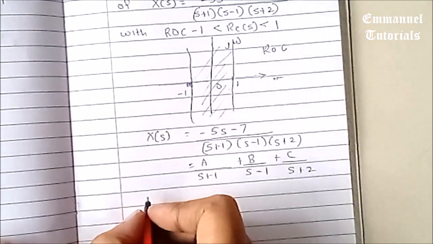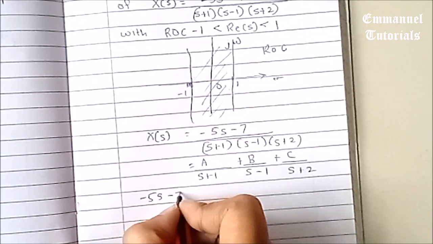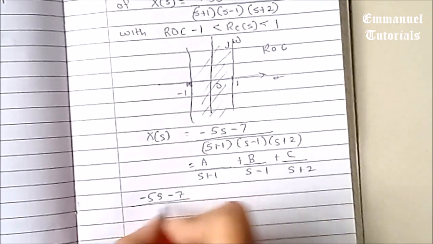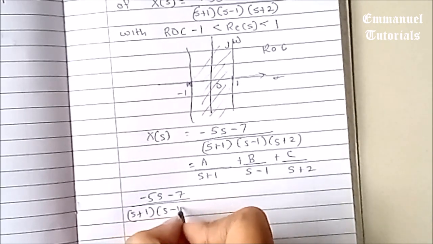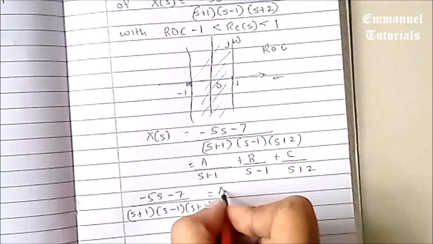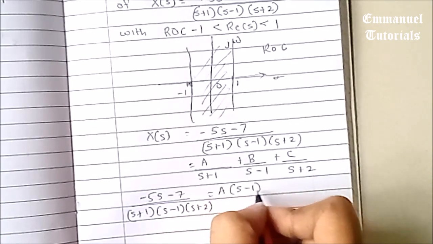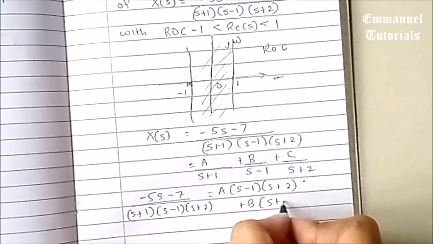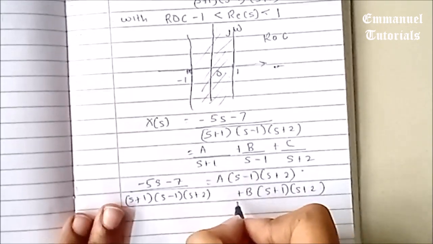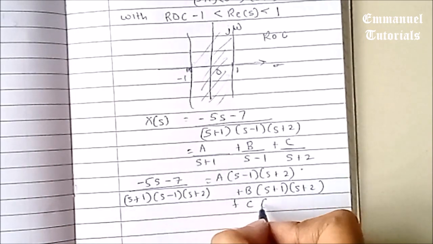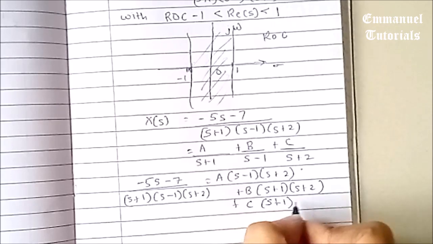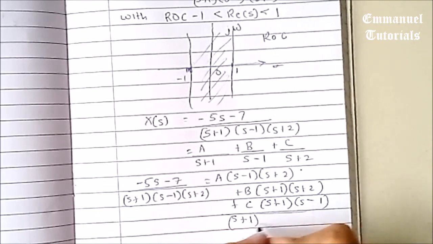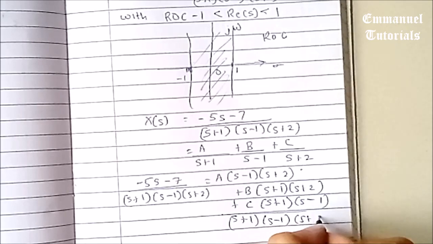So what will this give us? Minus 5s minus 7 upon those values will be equal to a into s minus 1 s plus 2 plus b into s plus 1 s plus 2 plus c into s plus 1 into s minus 1 upon the LCM, which is s plus 1 into s minus 1 into s plus 2.